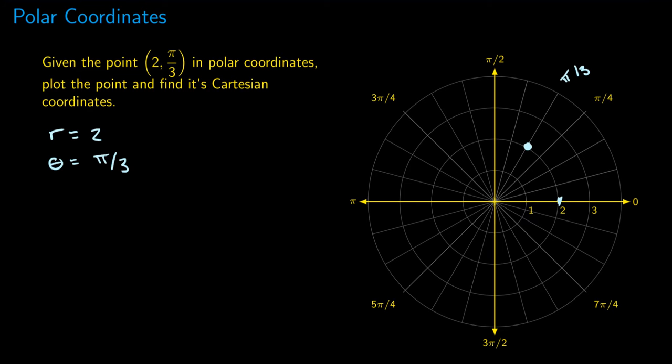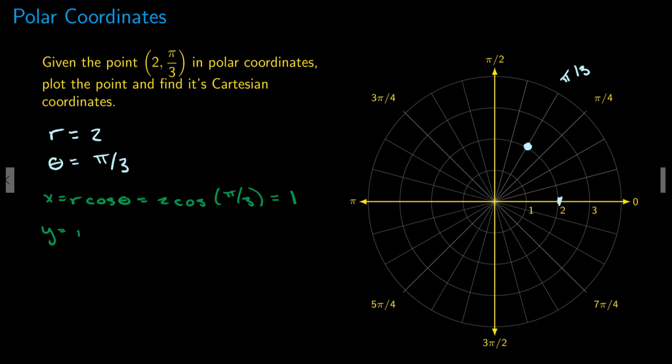And we also want to find the Cartesian coordinates, and we do this using our formula. So we know that x is going to be equal to r times cosine theta. And if we plug in those values for r and theta, we get 2 times cosine of pi over 3, which you can calculate is just going to give us 1. And we do the same for y.